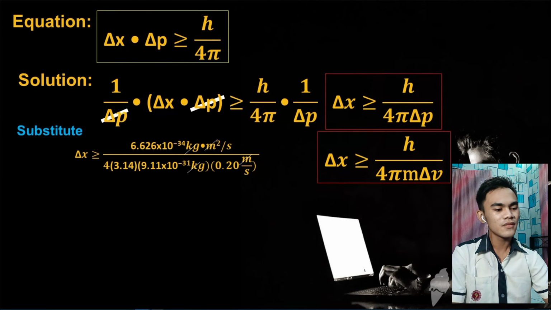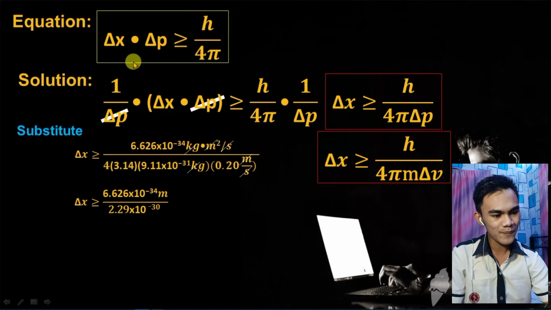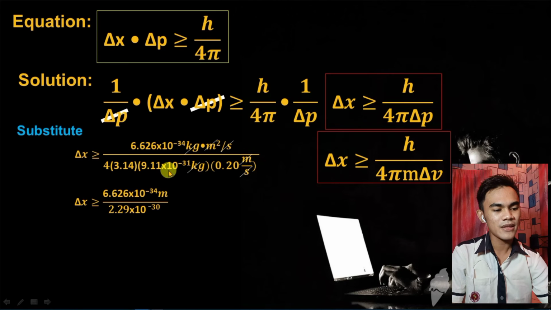Now, cancel out the same units: kilogram and kilogram, meters and meters, and seconds and seconds. So meters remain. We have here the change of x is greater than or equal to 6.626, just copy, over 3.14 times 9.11 times 10 raised to the power of negative 31 kilogram, multiplied by 0.20, that is equal to 2.29 times 10 raised to the power of negative 30.